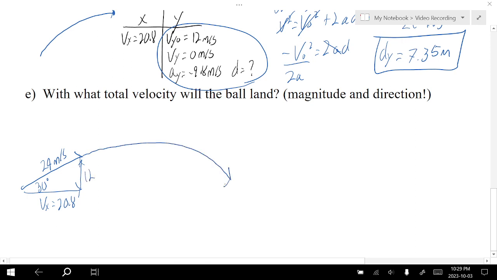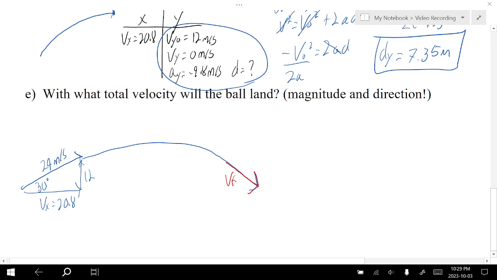Now let's think about when we go to the other side. Sorry, this is not a very symmetrical arc. That's slightly better, I guess. When we go to the other side, we will have here our final velocity vector. This is what the question is asking for, v final.